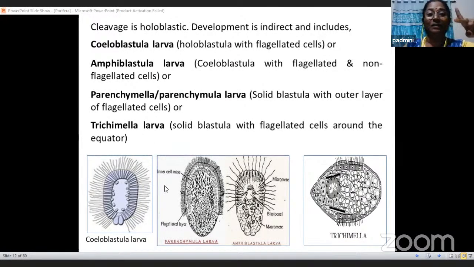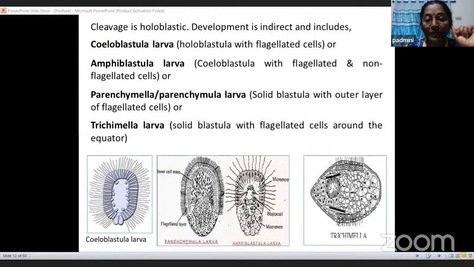When talking about amphiblastula, amphi means both. It has both the characters. If you remember the amphibians, they can live both on land and in water. That's why they're called amphi. So amphiblastula has 2 types of cells. This is the picture of the amphiblastula. On the uppermost part, it has the flagellated cells, called the micromere cells, the minute cells.